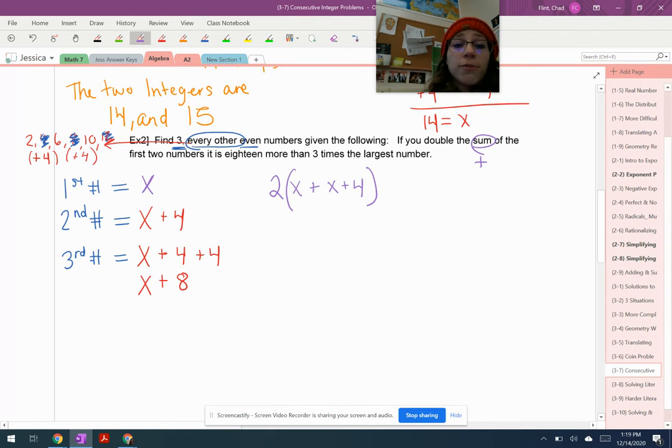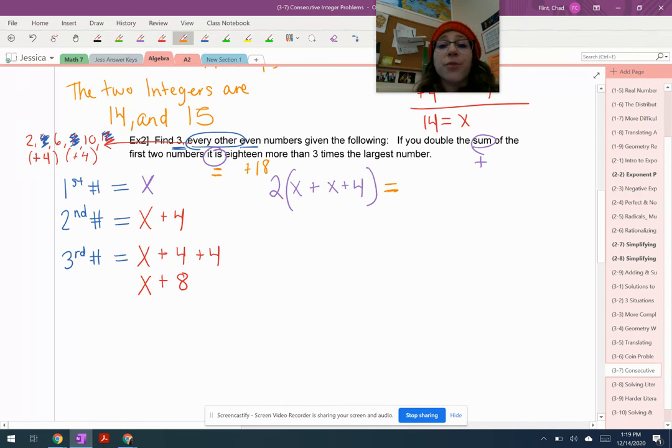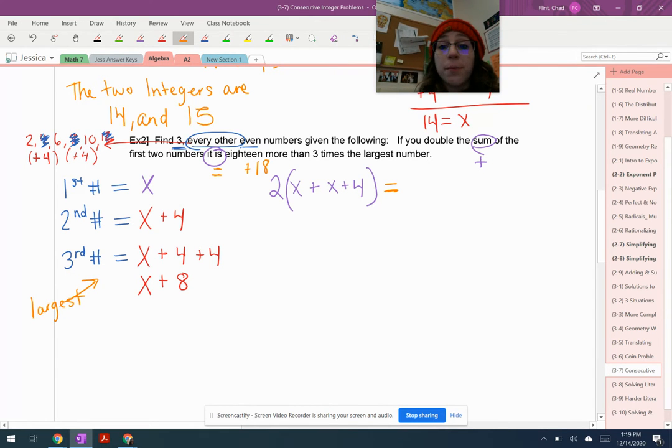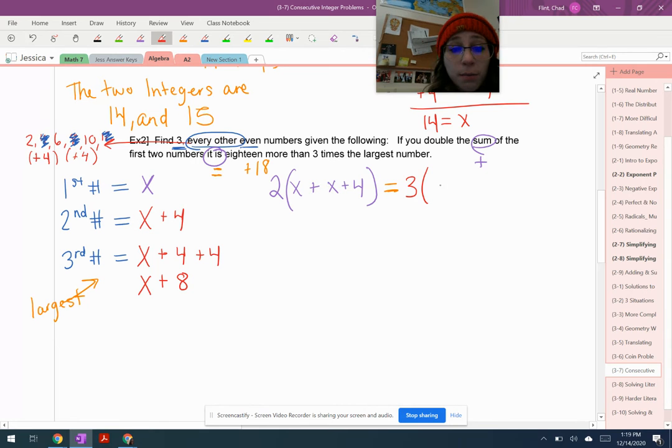So double the sum of the first two numbers is, that's my equal sign, equal to 18 more than 3 times the larger. So this third number is naturally my largest because I'm adding 8 to it, and that's the biggest number. So 3 times the largest number would look like 3 parentheses, that largest number. Then 18 more than that, plus 18 at the back.